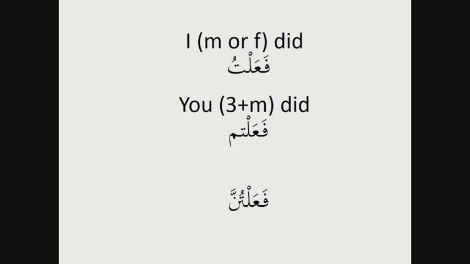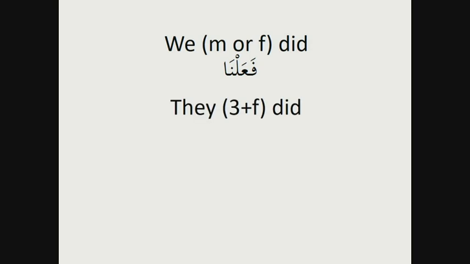You see, if I don't count, what happens? You, many females did. Right, okay. 1, 2, 3. Fa'alna. We did. Good. They, many females did. 1, 2, 3. What's it? Fa'ala. Nah. Short noon. Fa'alna.